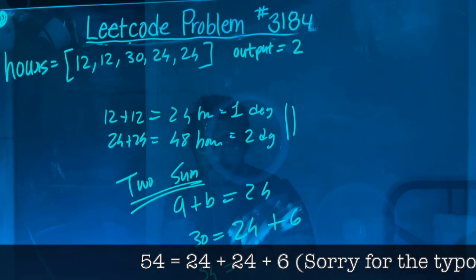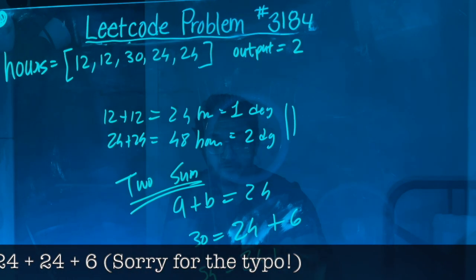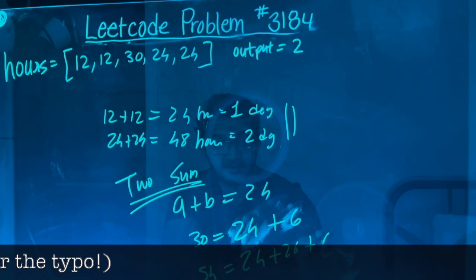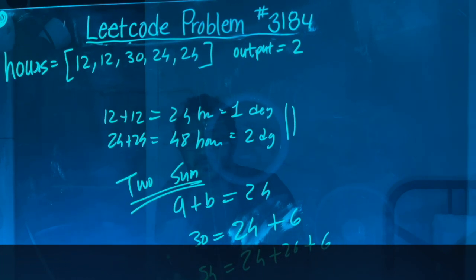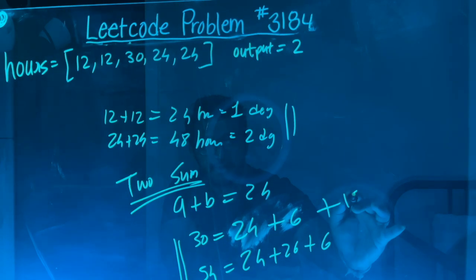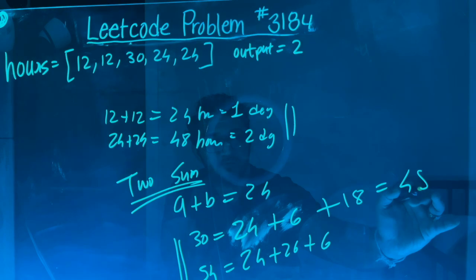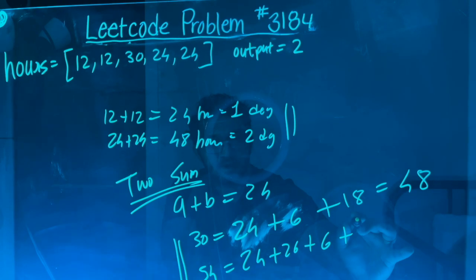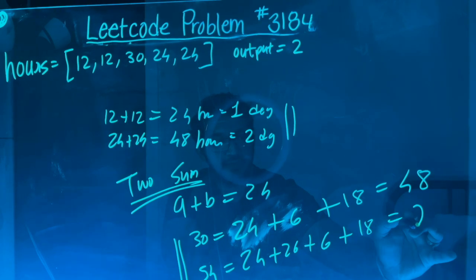So 54 is again 24 plus 24 plus 6. At the end, we need to find how many hours to add to make it a day. Here we add 18 hours so that it can become 48, and here we add 18 hours so that it can become 72.